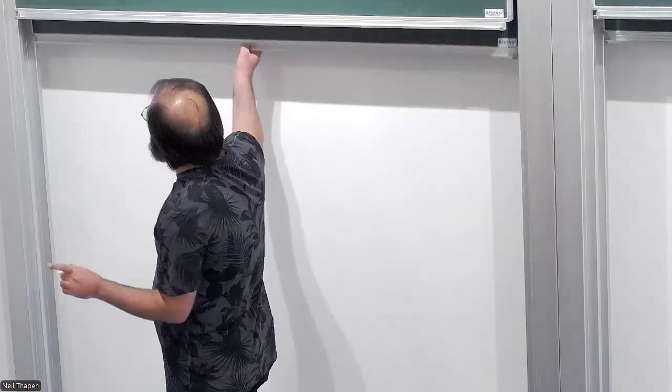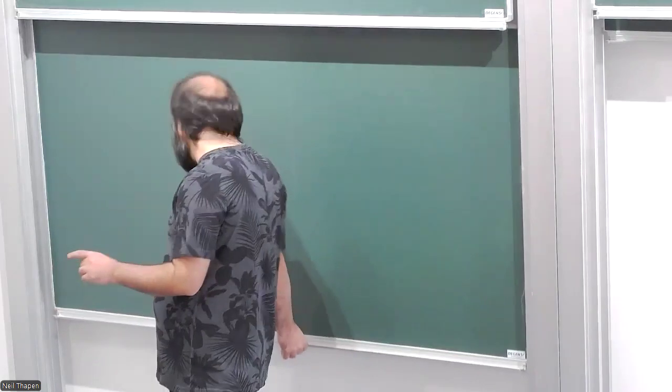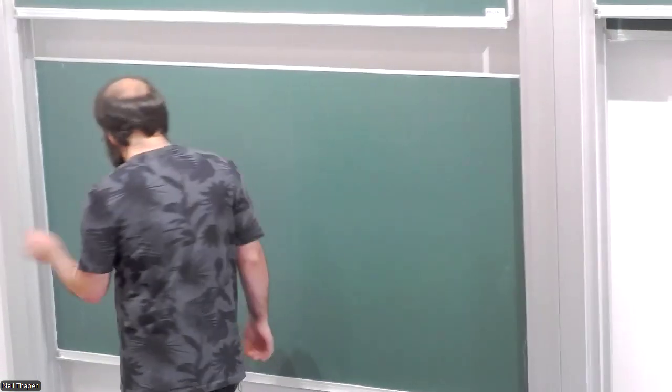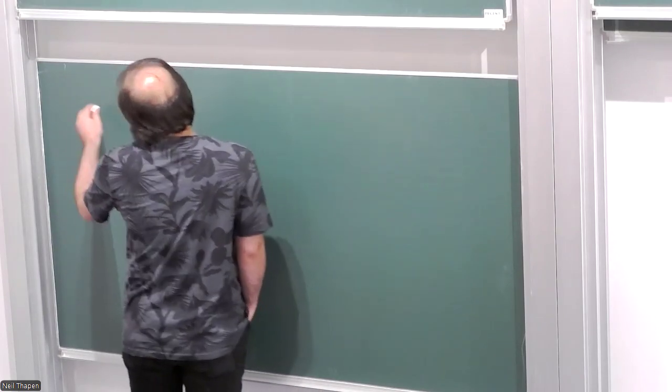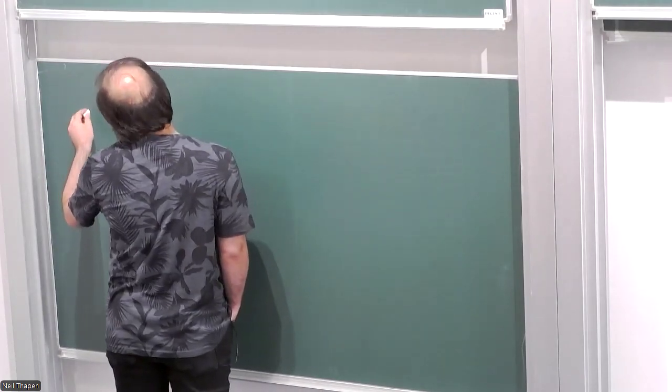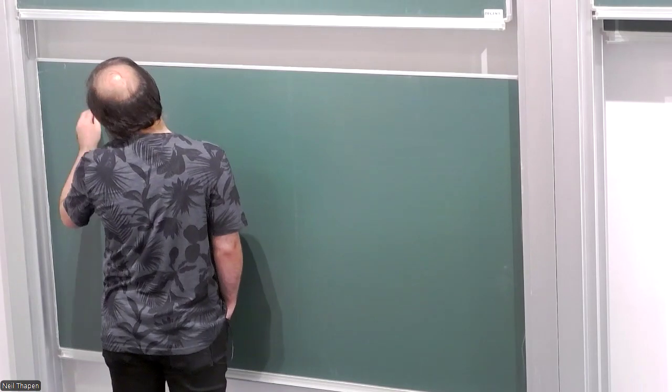The second thing is that I made a mistake and I have to correct it. The mistake is in the definition of the dense coverage, right?